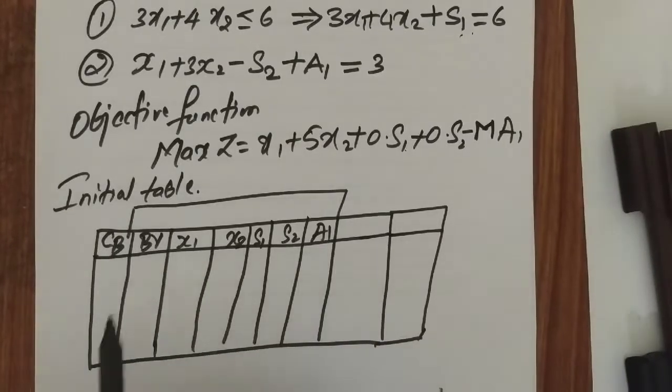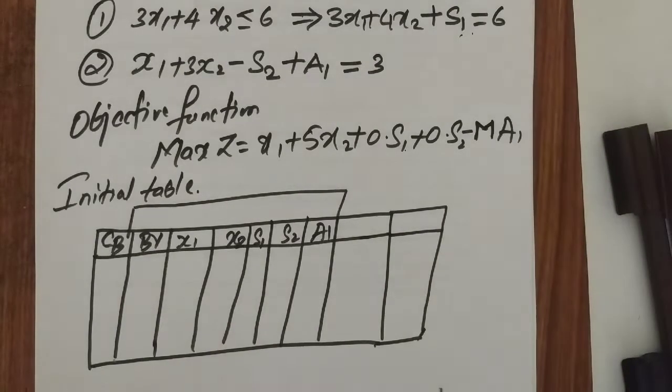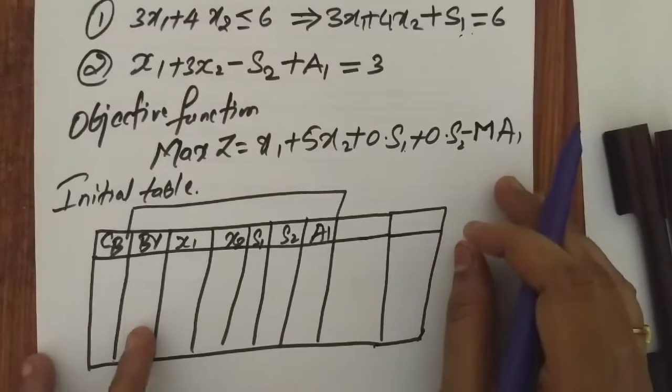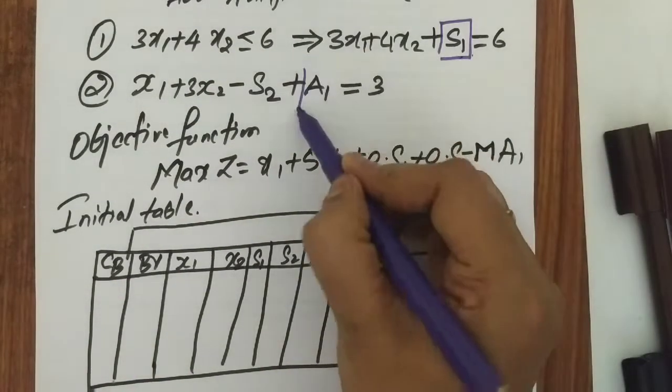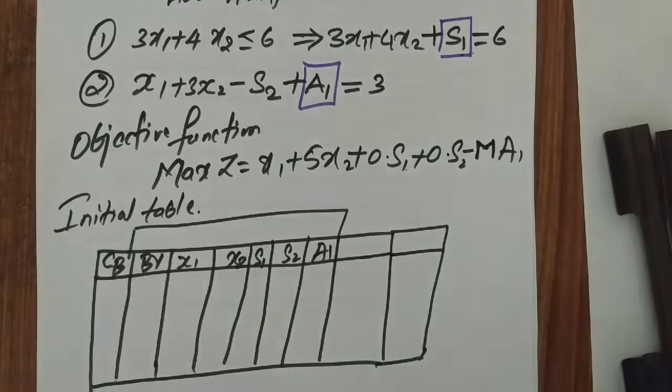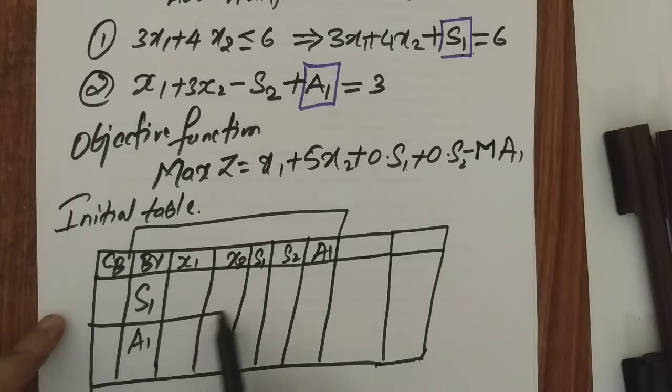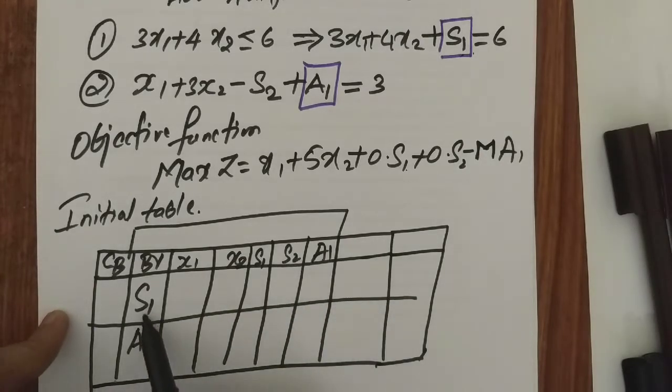Before that, we should decide the basic variables. Deciding basic variables is very simple. Go back to the constraints. The last term of each constraint will be your basic variable. The last terms of the constraints are S1 and A1.